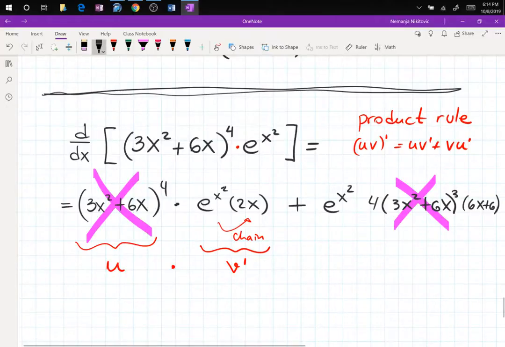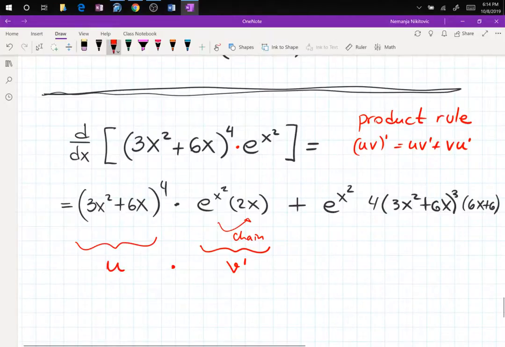So that would be the chain. So here is a chain, right? And now this over here is copy v, and this over here is u prime. There's a plus in between, right? So it is the product rule formula, and the chain rule appeared inside.